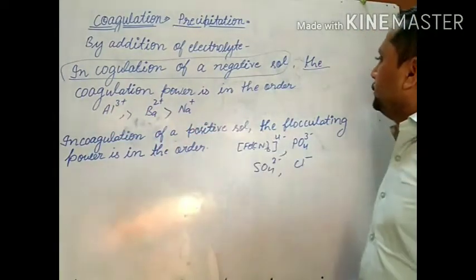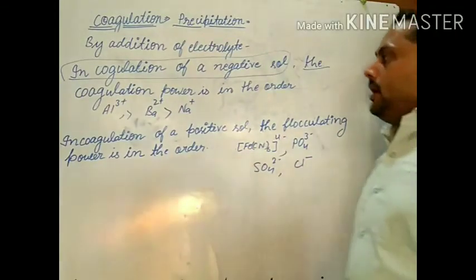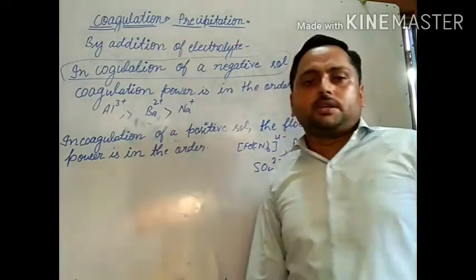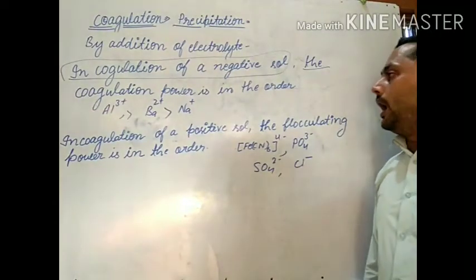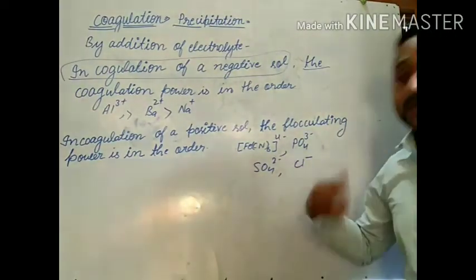So as the valency of ions increases, the coagulating power of flocculating ions increases.